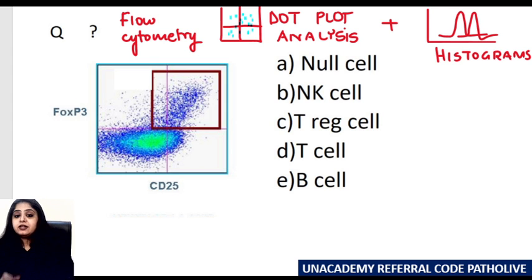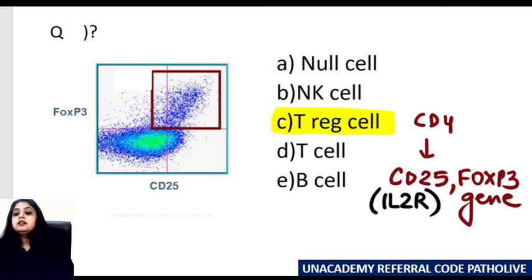So now let's come back to the question that I have over here. As I can see very categorically, there is FOXP3 written on one axis and CD25 written on the other axis. Whenever I see these two molecules, there is only one cell that comes to my mind, and that is a T regulatory cell. But they've also highlighted one box.